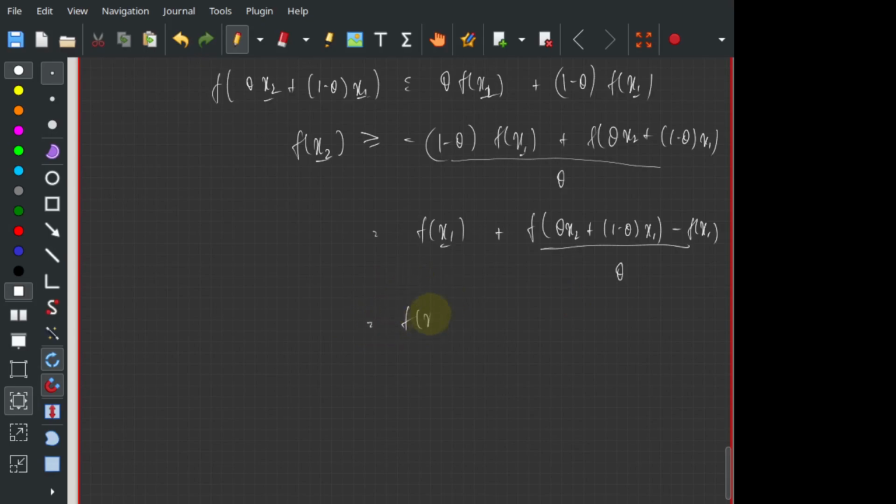This is f of x1 plus, I want to write this as f of x plus delta x, right? So this is f of x1 plus theta times x2 minus x1 minus f of x1, divided by theta.